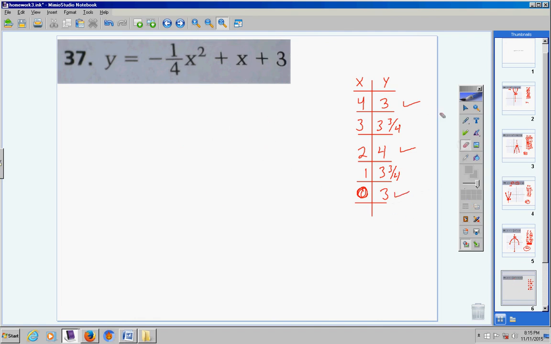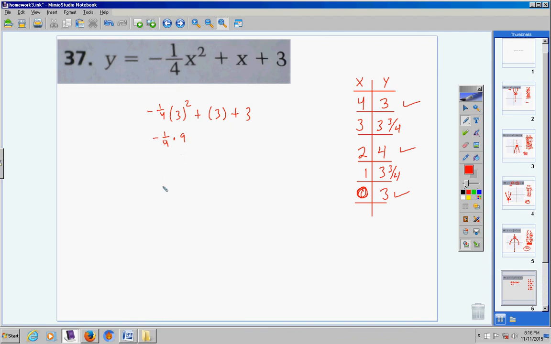Now let's substitute 3 in for x. So negative 1/4 times 3 squared, positive, then parentheses 3, and then positive 3. Alright, here we go. First square 3, you get 9. So you have negative 1/4 times 9.